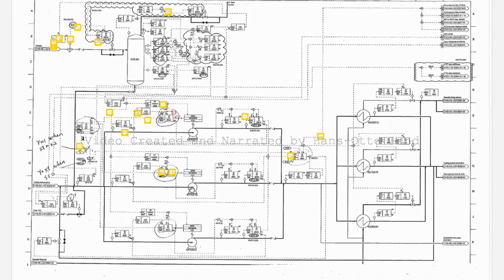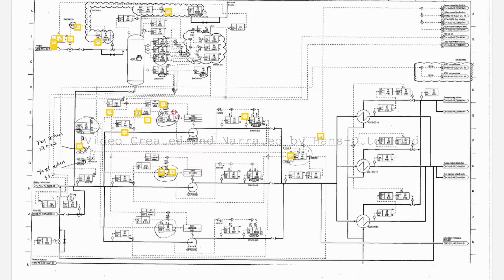So to counter that, you have this system here, this vessel with the instruments around it, and the line going from that vessel down here.